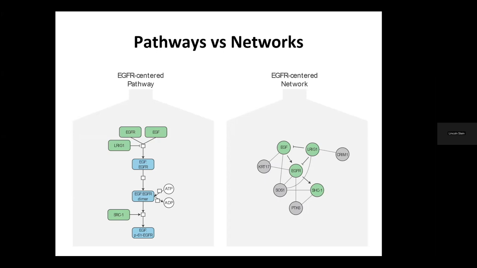On the left, you see the pathway view, and on the right, you see the network view. And you can see that in the network view, everything looks rather uniform, and there are two types of arcs. There are activators and inhibitors. And that's a very simple model that's been built from the more complex biochemical model on the left.